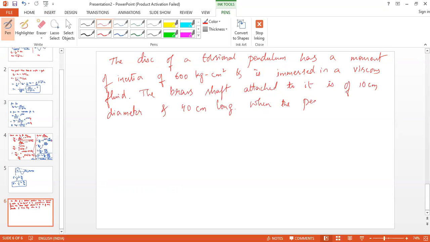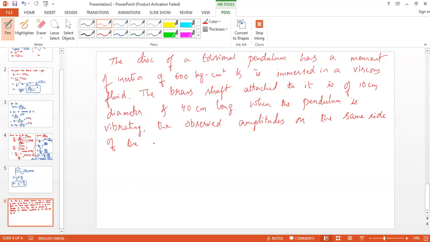When the pendulum is vibrating, the observed amplitudes on the same side of the rest position for successive cycles are 9 degree, 6 degree and 4 degree.